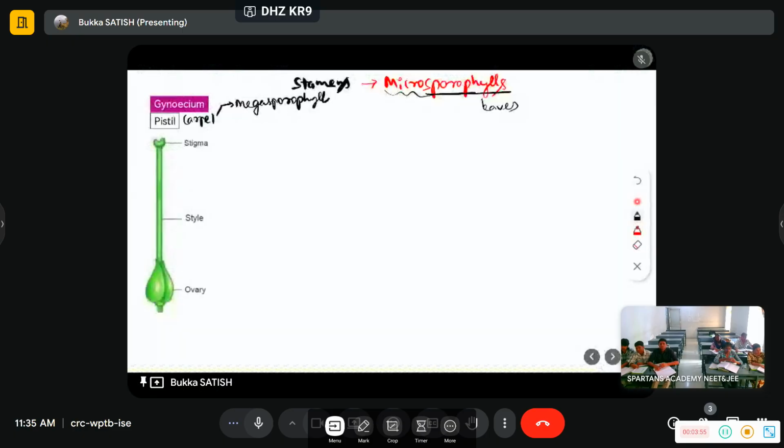Right. Now, coming to pistil or carpel, it consists of three different parts: ovary, style, and stigma. Inside the ovary only there is ovule or ovules. It depends. Some ovaries may possess only one ovule, some may possess multiple. So there are ovules inside this. What is the technical term for the ovule?